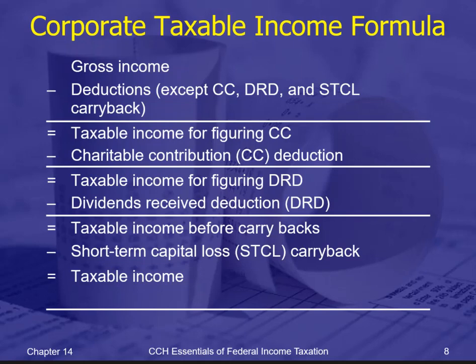Those are unique to C corporations. They don't apply to other business entities. The regular deductions do apply to whatever entity you are. Then you get taxable income, and C corporations calculate their tax and pay their tax individually as a corporation.